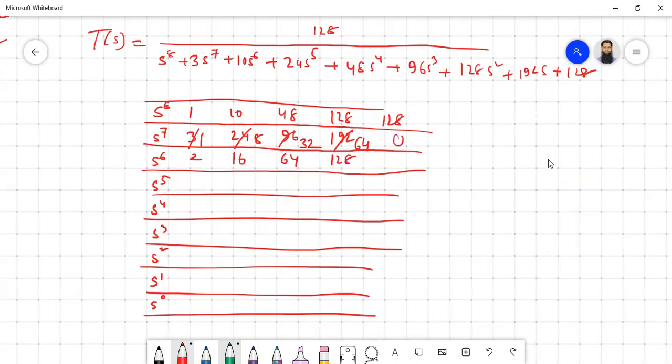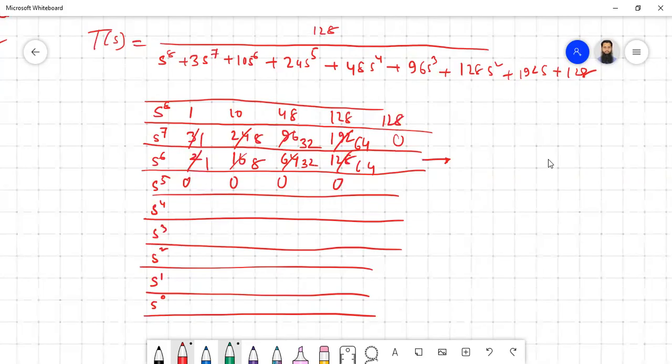Now, as you can see, 2 divided by 2, so 1, then you have 8, then you have 32, then you have 64. So as you can see, both rows are the same, so it is going to give us 0, 0, 0, 0.